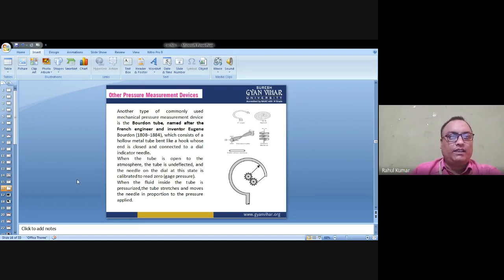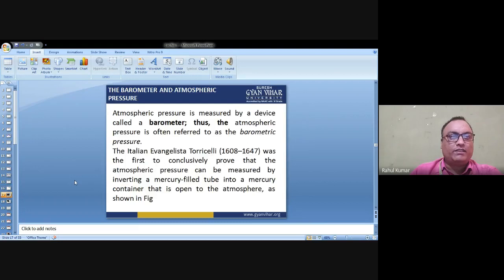And this is one of the pressure measuring devices, the Bourdon gauge, and the second is the barometer. Atmospheric pressure is measured by a device called a barometer.